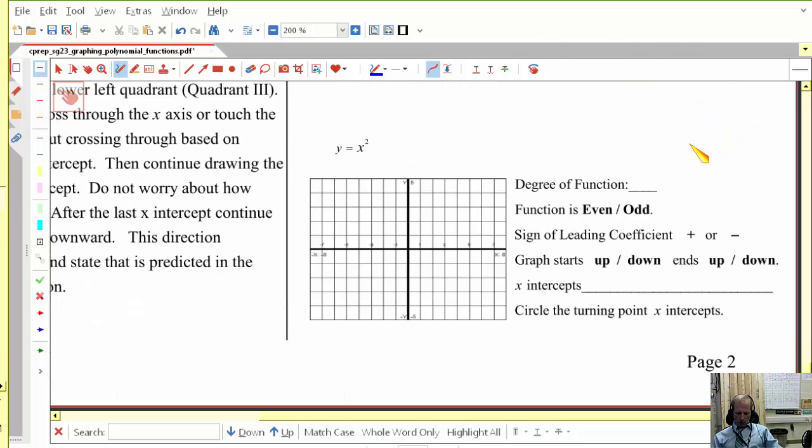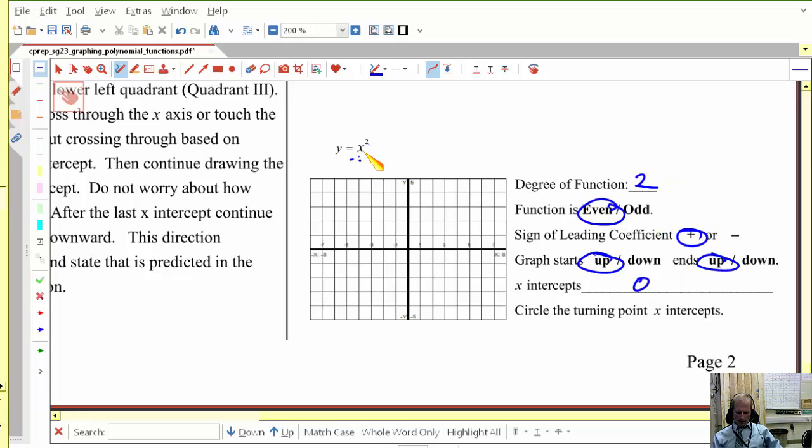All right, so then this last one is, let's see, the degree of the function is 2. It's even, and there's a positive leading coefficient. So that's going to go up and up. The x-intercept, remember when I said you have an x value all by itself without any plus or minus after it, would be 0.